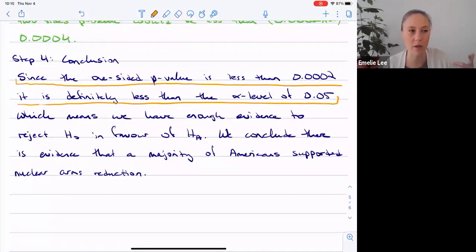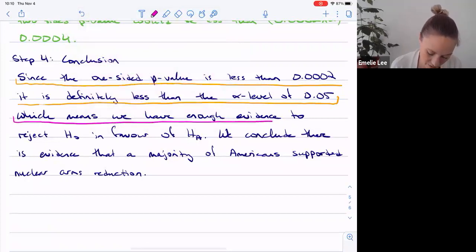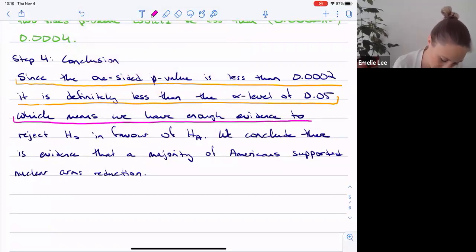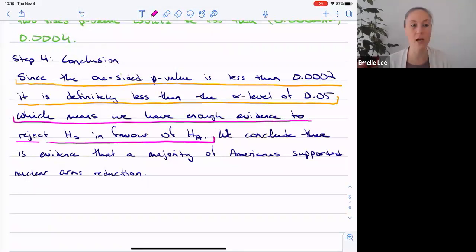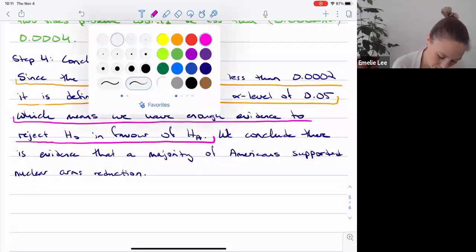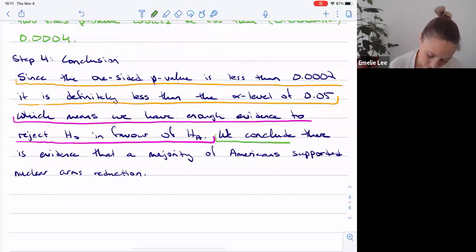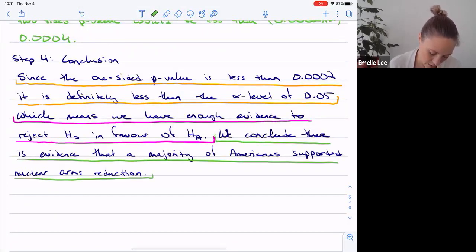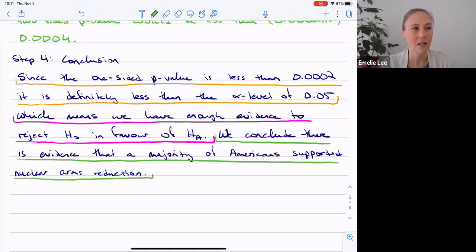Part two is your conclusion in terms of the null hypothesis: based off of that p-value, can you reject it or can you not reject it? And then finally, you have to state your conclusion in terms of the actual question.